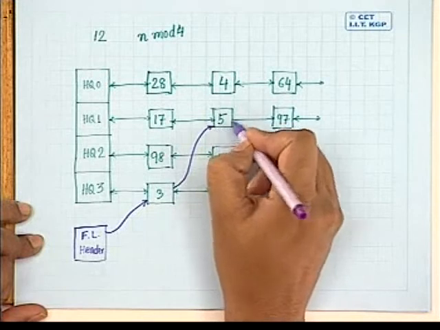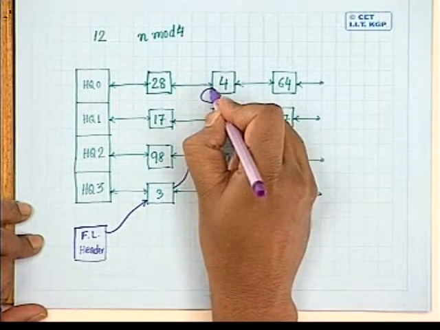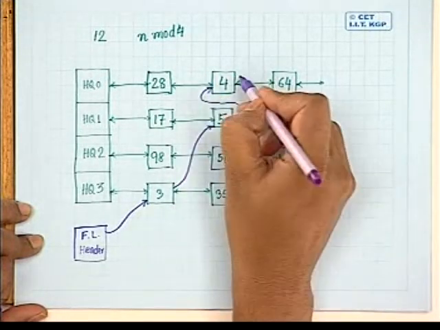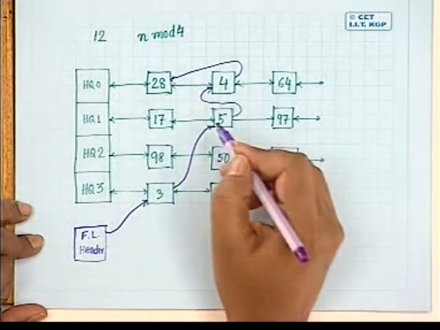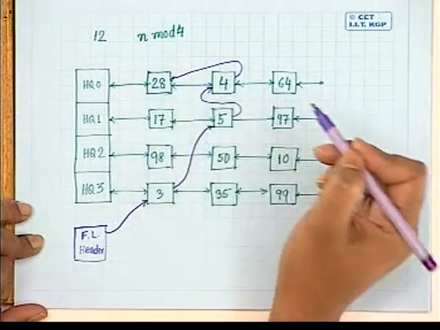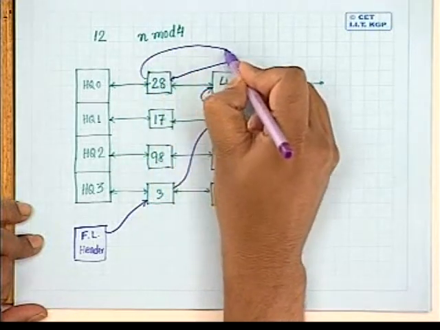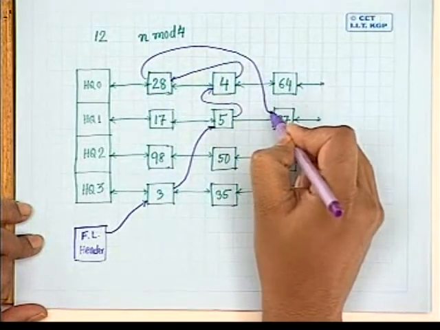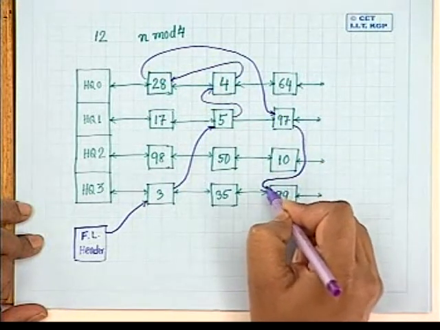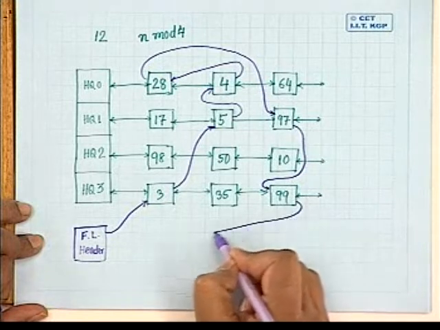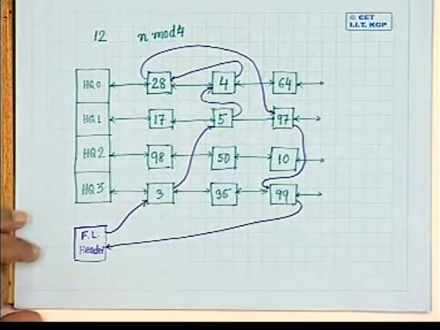Next may be the buffer containing block number 4. The next may be the buffer containing block number 28. The next buffer may be say 97. Next one may be say 99. And this may be the tail of the free list.